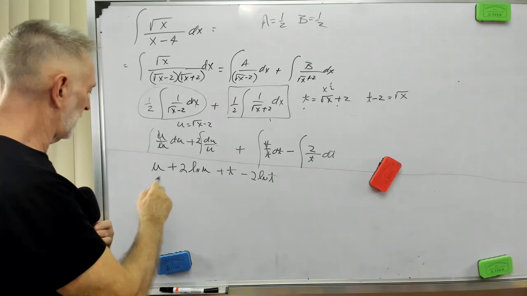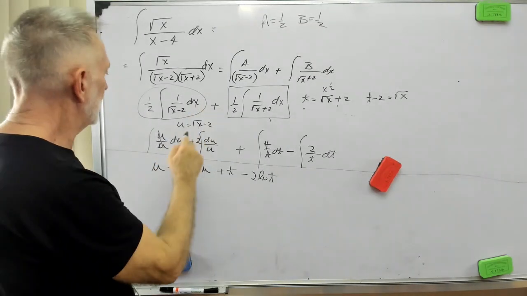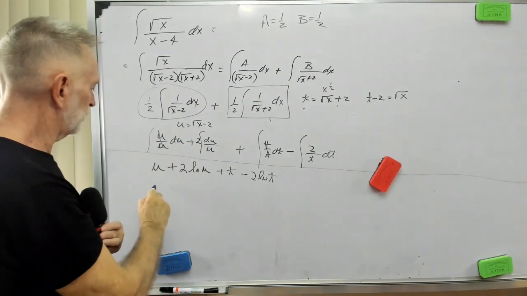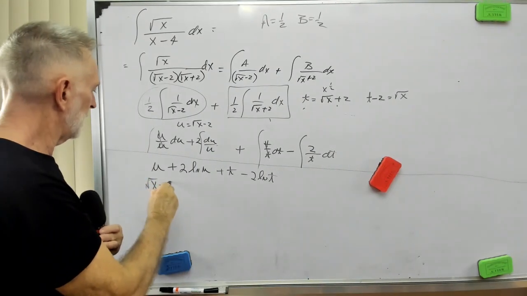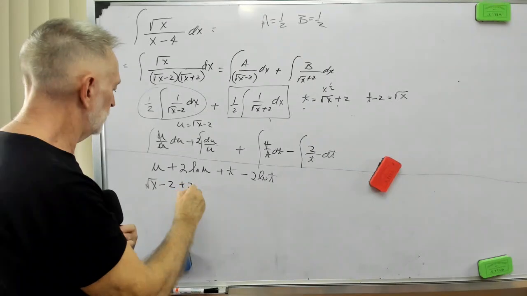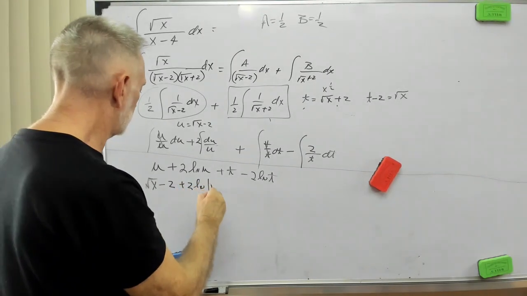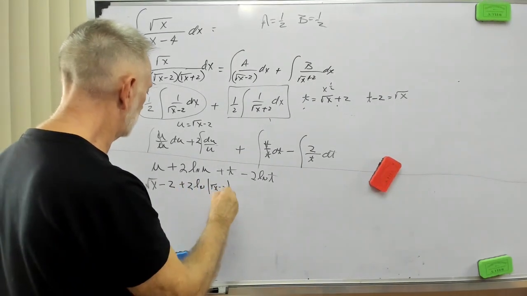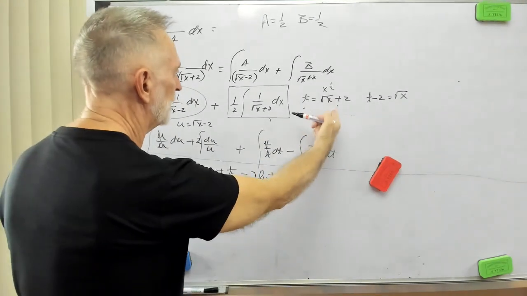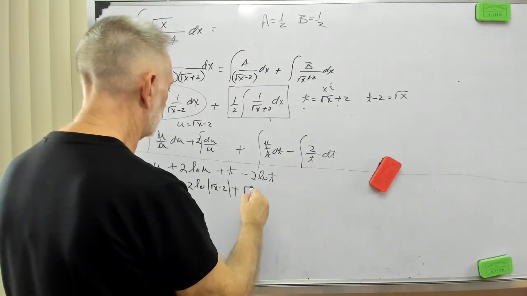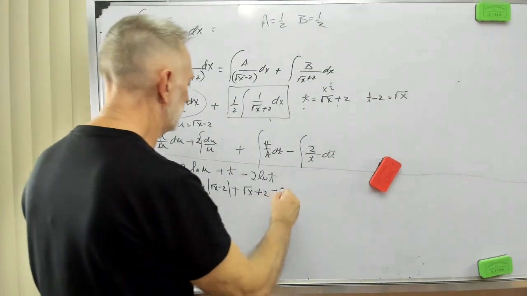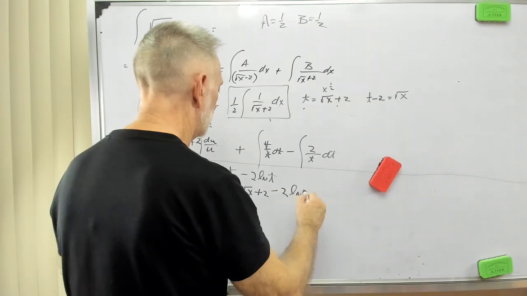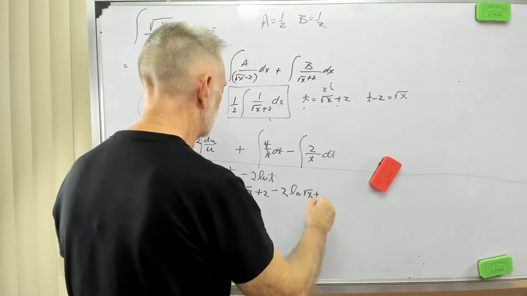All right, so what do we have? Now, u is square root of x minus 2. So I have square root of x minus 2 plus 2 natural log of square root x minus 2, plus t, and t is square root x plus 2, minus 2 natural log square root x plus 2.